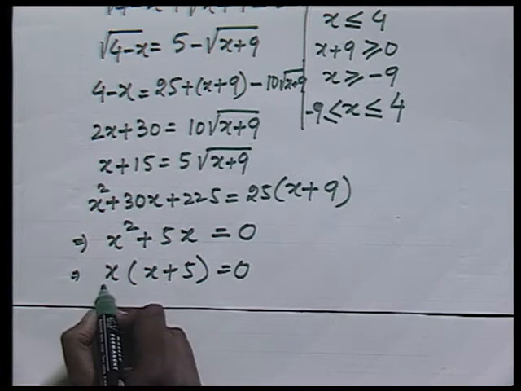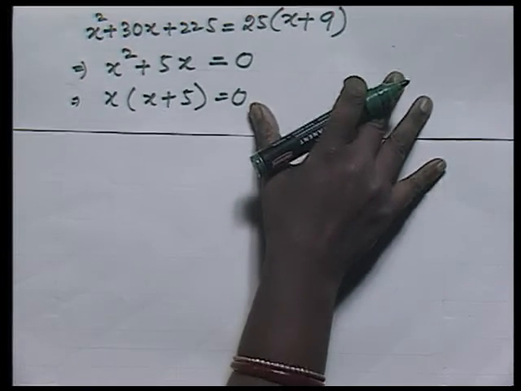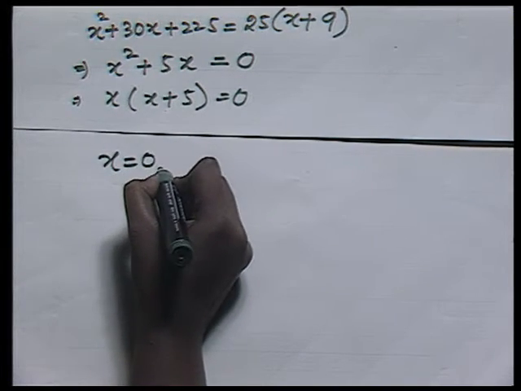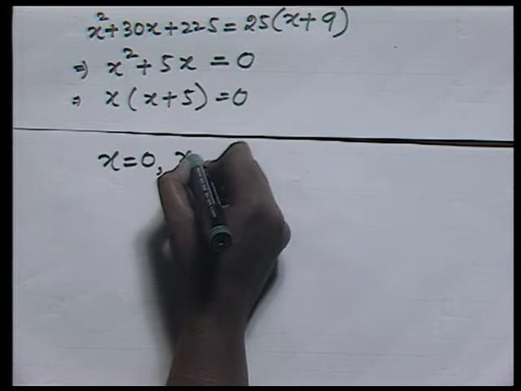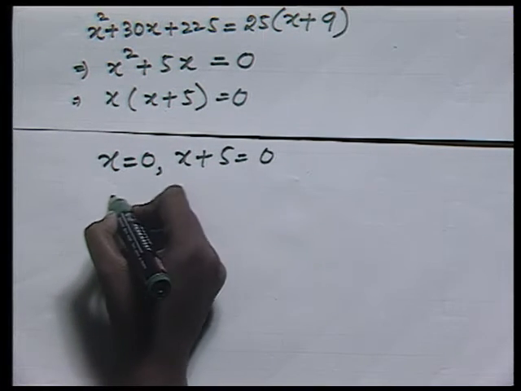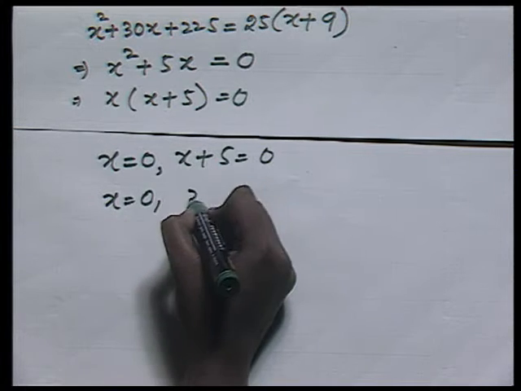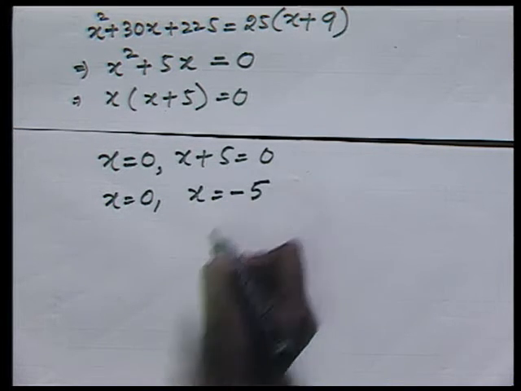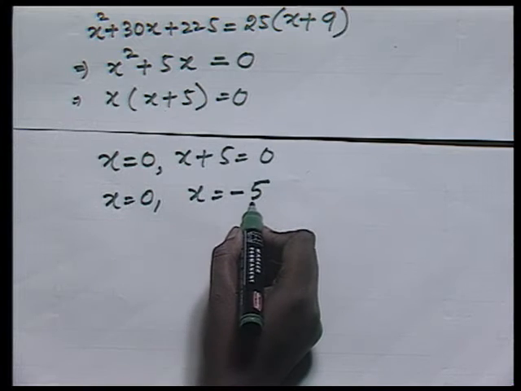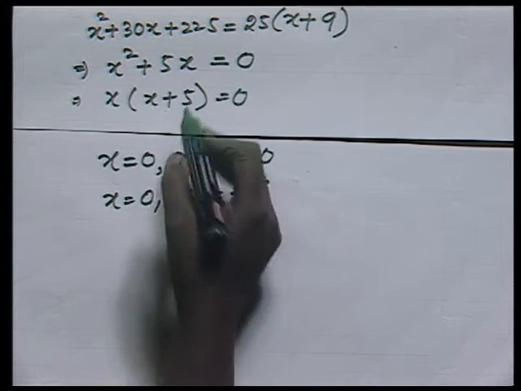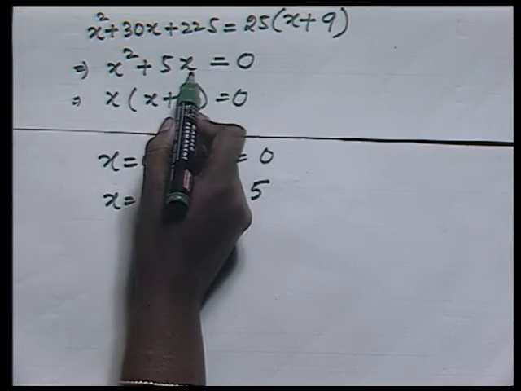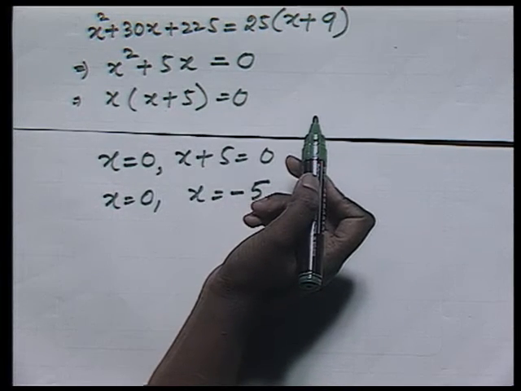That means either x is equal to 0 or x plus 5 equal to 0, that is x is equal to 0 and x is equal to minus 5. So, x is equal to 0 and x is equal to minus 5 are the solutions of this quadratic equation x square plus 5x is equal to 0.